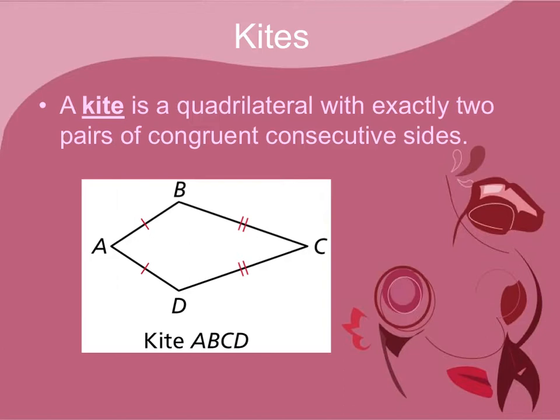So notice here in my figure, it's this side and this side. These are the 2 consecutive congruent sides. And then over here. Now, if all sides were congruent, this wouldn't be a kite, this would be a rhombus. So all sides can't be congruent in order to also be a kite. So this is consecutive sides that are congruent.